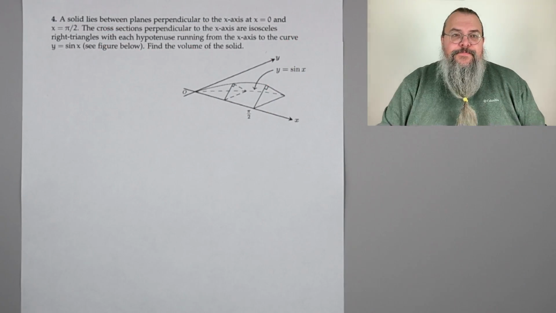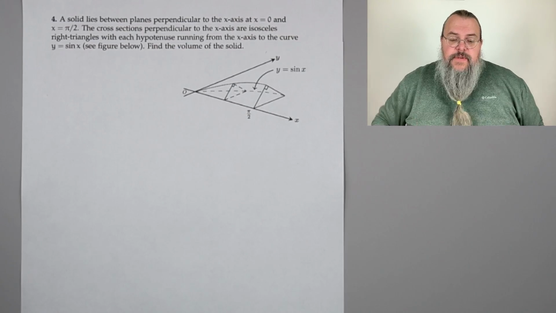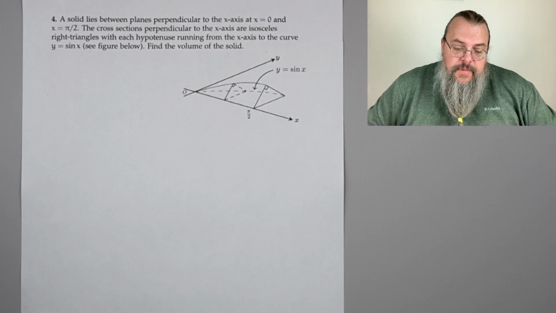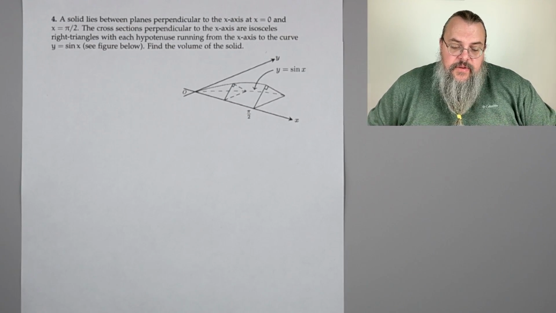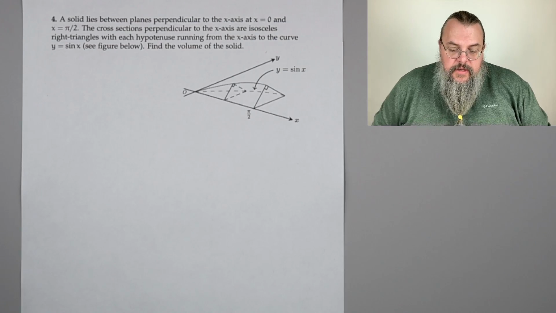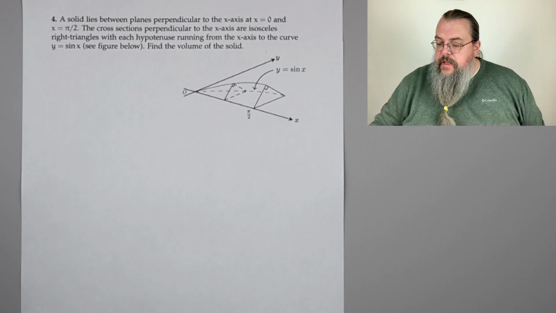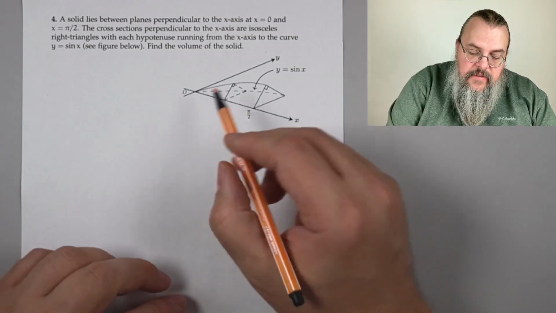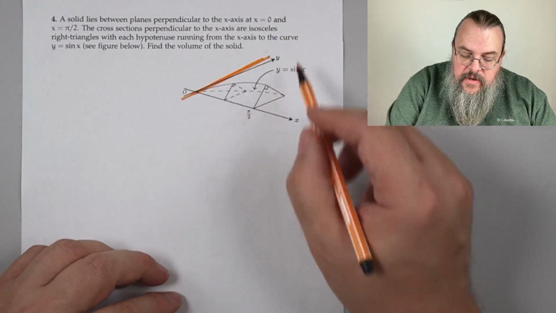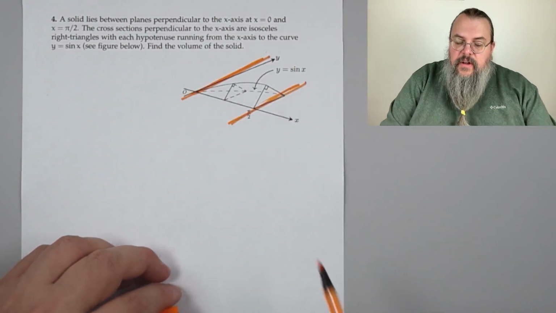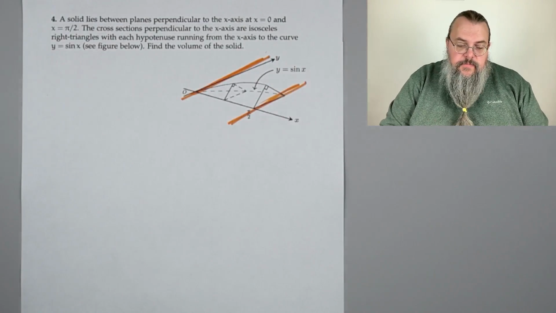Number 4. A solid lies between planes perpendicular to the x-axis at x equals 0 and x equals pi over 2. Okay, all right, interesting. And so what that's saying is x equals 0 is here, x equals pi over 2 is here. All right, so it's just saying it's in between those two.